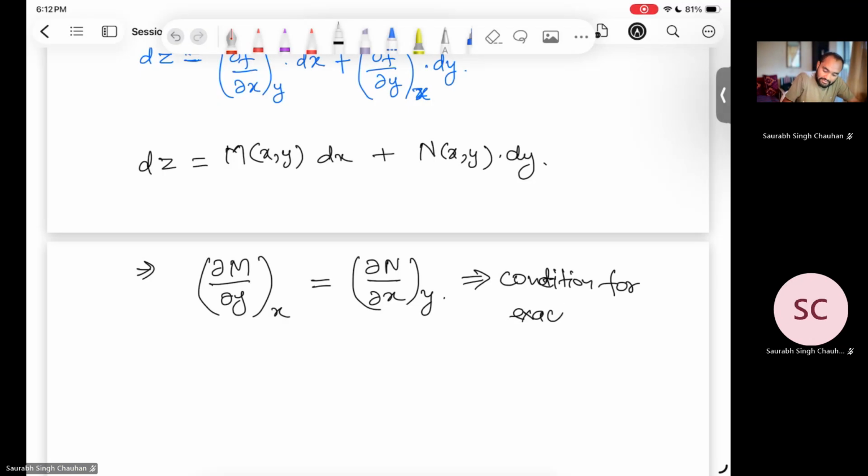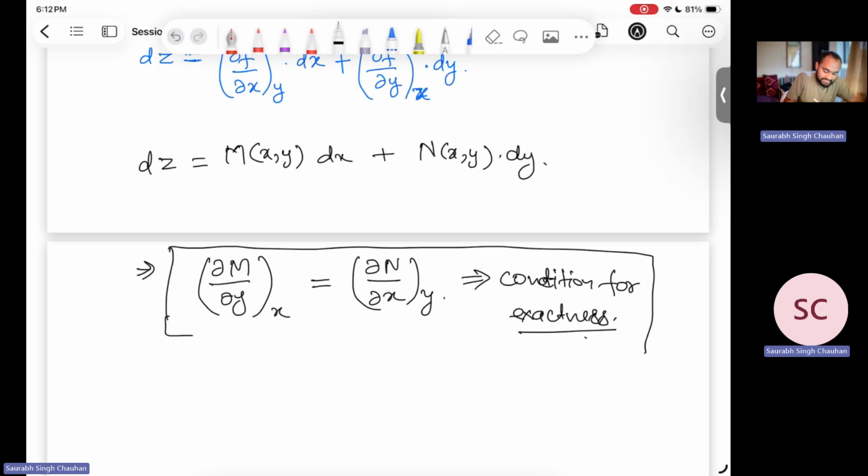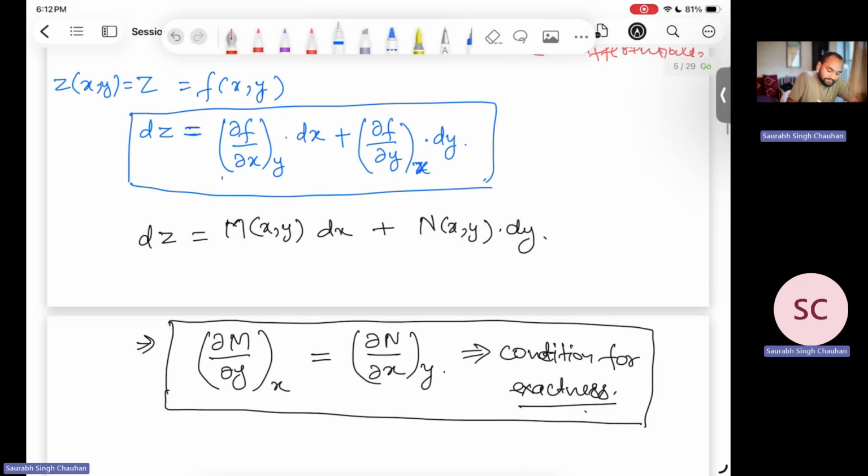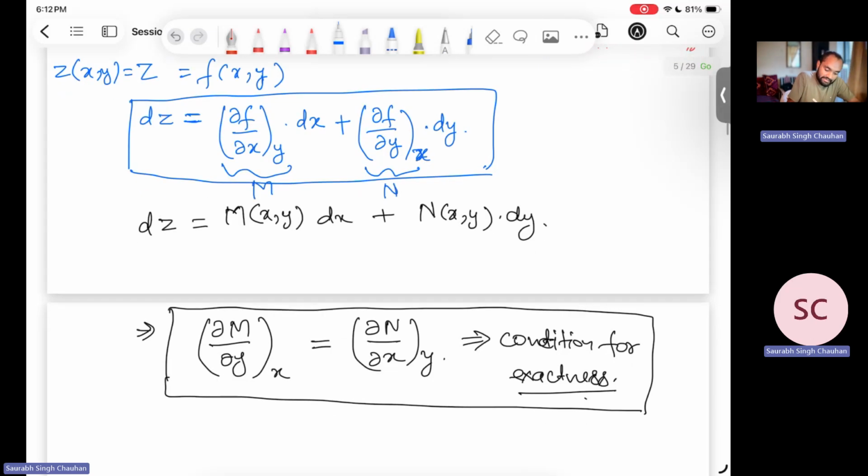So if you apply the same condition for exactness on this particular equation, what do we get? The partial derivative of f with respect to x is m, and the partial derivative of f with respect to y is n.